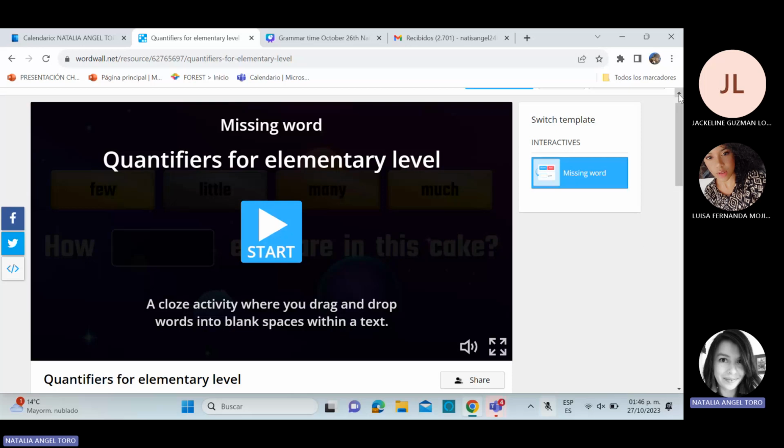Chicos, ¿quieren que lo corrijamos juntos o se sintieron bien con el ejercicio? Sí, excelente, listo. So we are going to correct the exercise together in order to verify. Okay, great.